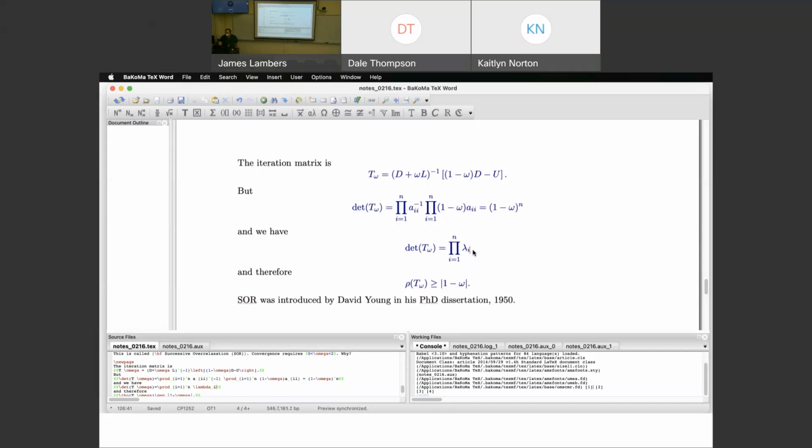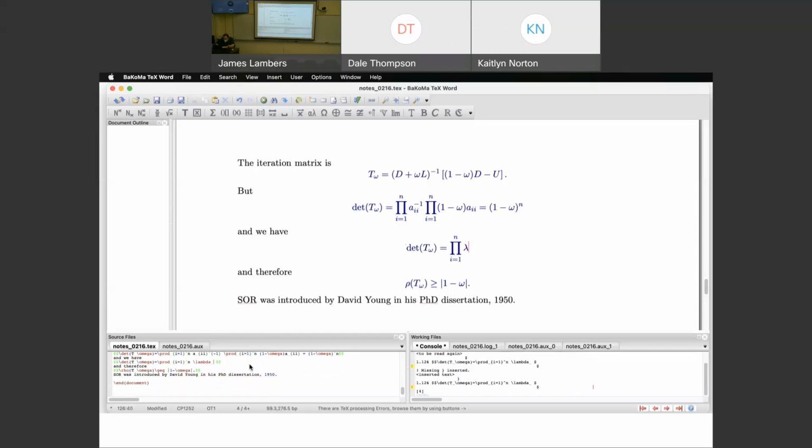So we can think of this determinant, which is the product of the eigenvalues, as less than or equal to the spectral radius raised to the n power, since that's the largest eigenvalue.